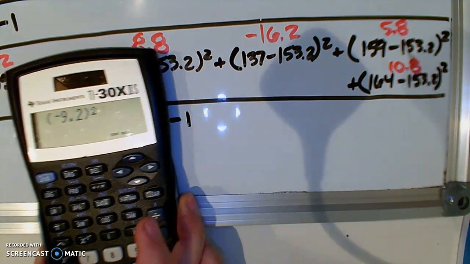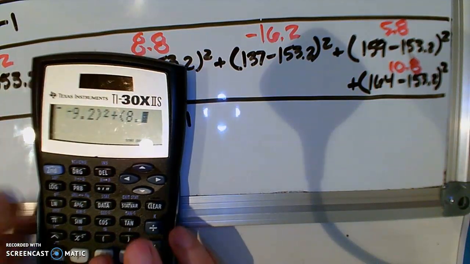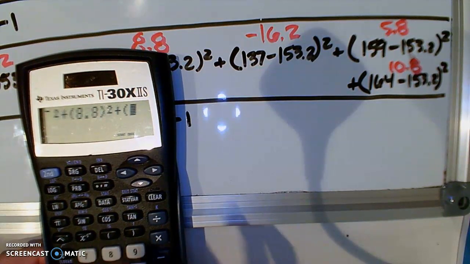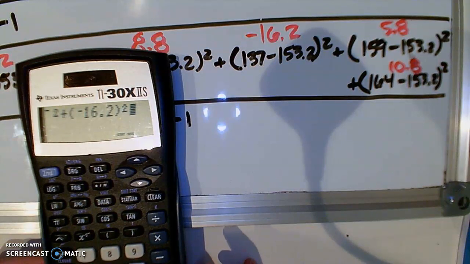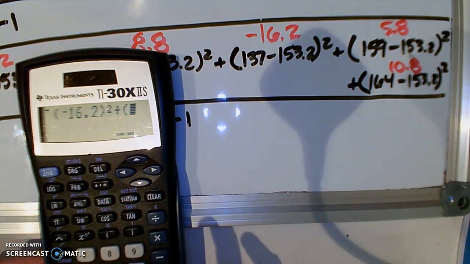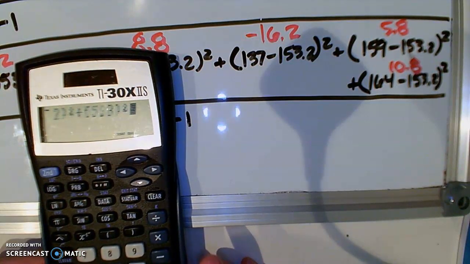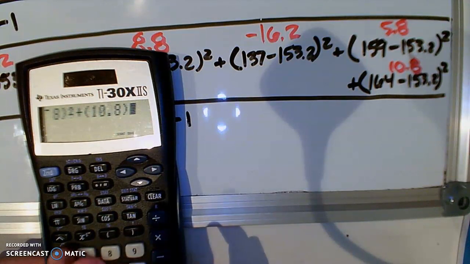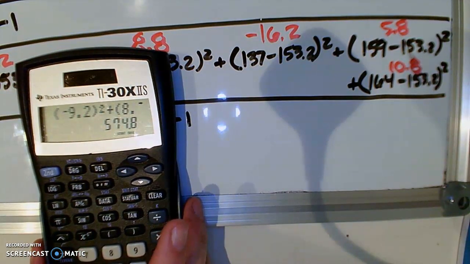Then I'll enter in my 8.8. So plus parentheses 8.8 squared plus negative 16.2 squared plus 5.8 squared plus 10.8 squared. Say equals, that's 574.8.